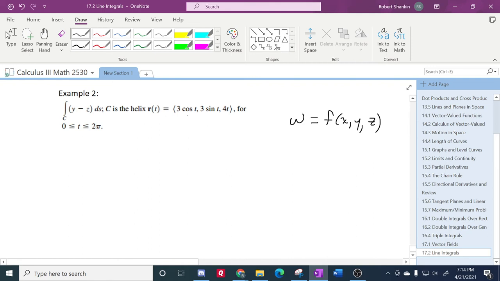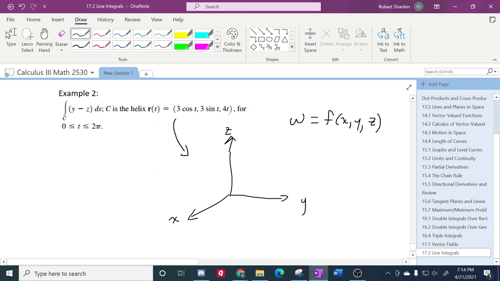So this is still part of C. This is C. What does C look like? Can anybody tell what C looks like? Circle. Okay.